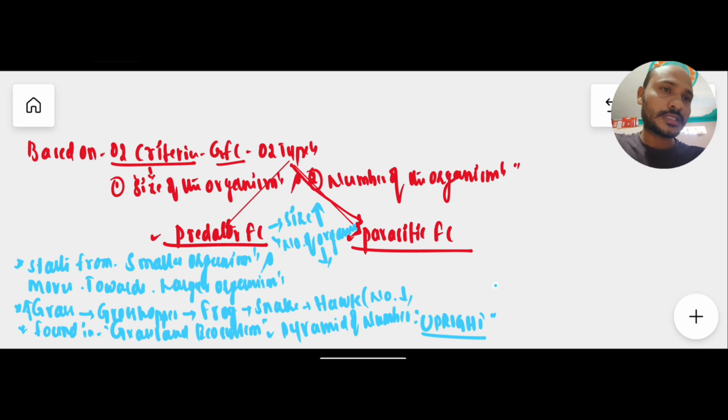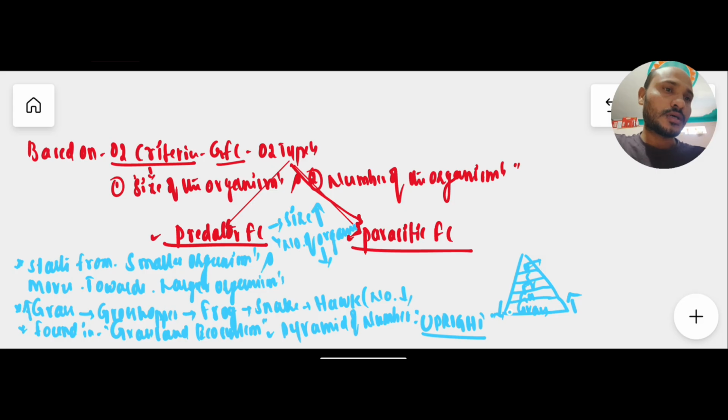So just now we discussed this. For example, if you place grass, grasshoppers, frogs, snakes, and hawks, see, the size of grass is small and its number is large. Grass, grasshopper, frog, snake, and hawk.